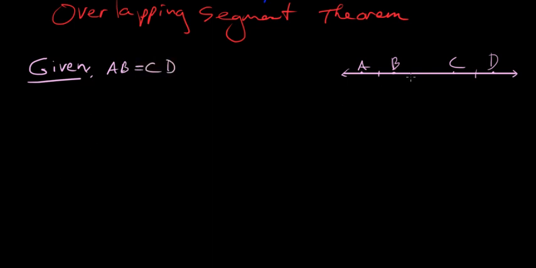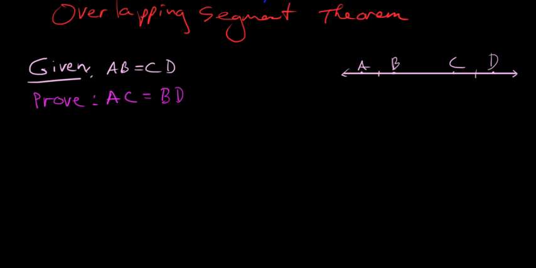The length of segment AB is equal to the length of segment CD. The next thing I want to say is prove. Prove AC is equal to BD. In other words, given that these two are congruent, prove that AC is congruent to BD.